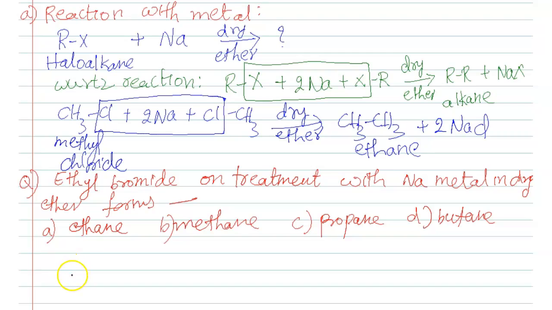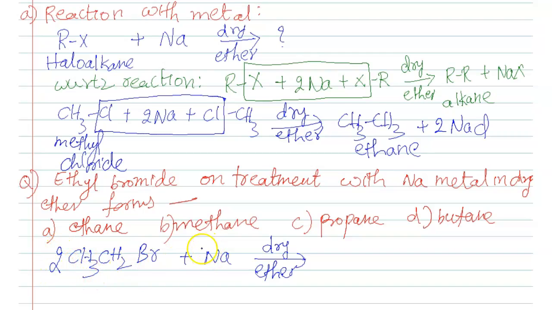What they have given is ethyl bromide, CH3CH2Br, with sodium in presence of dry ether. If they ask like this, that is the Wurtz reaction. So we should take 2 moles of sodium with 2 moles of ethyl bromide. Then it gives 2 moles of NaBr, and the remaining CH3CH2 combines with CH2CH3.